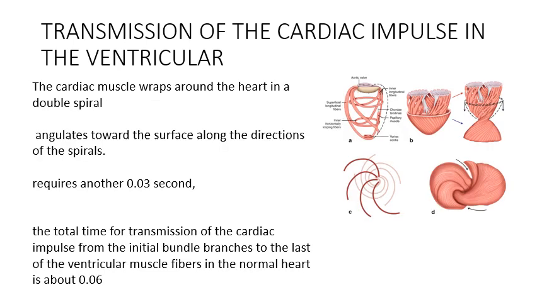And the pattern of transmission of the cardiac impulses in the muscle is actually a little bit different, because the cardiac muscle wraps around the heart in a double spiral way. So if you look at the anatomy of the layers of the muscles of the heart, they are wrapped in a spiral way, in such a way that they make like a 2-layer, or double layer, that are spiral in direction, and they are separated by a connective fibrous layer.